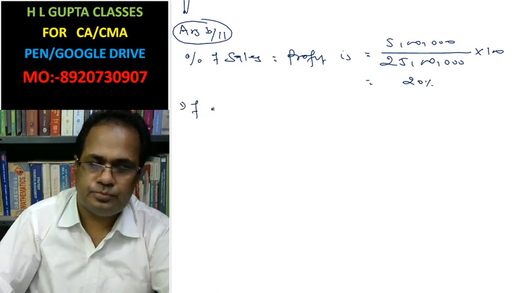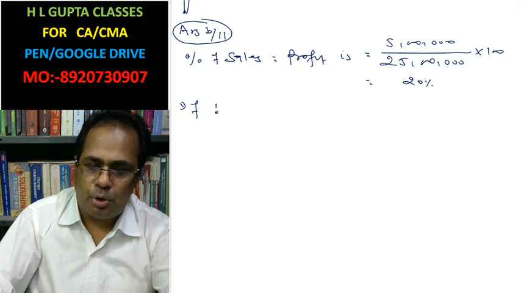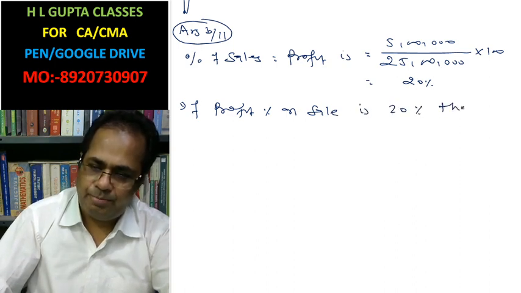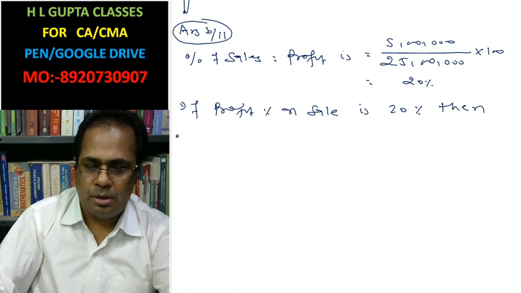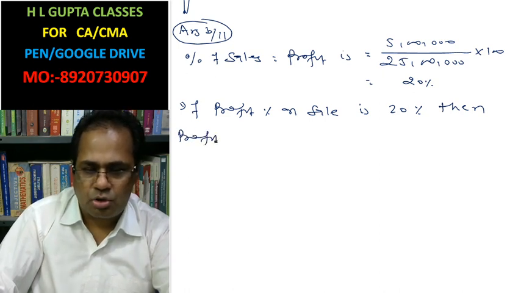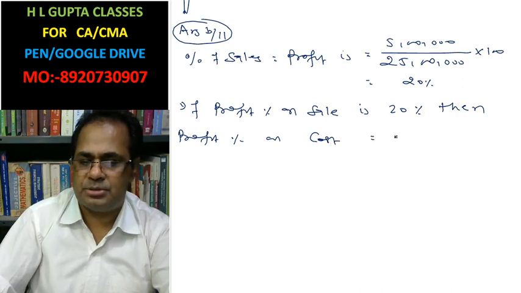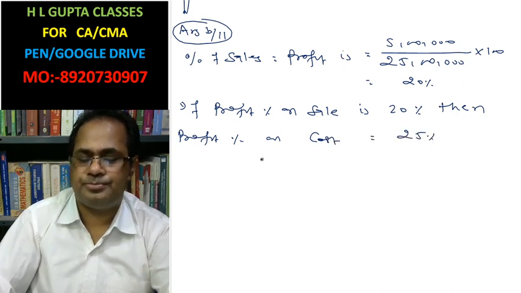If profit percentage on sale is 20%, then profit percentage on cost, I have calculated several times, is 25%.